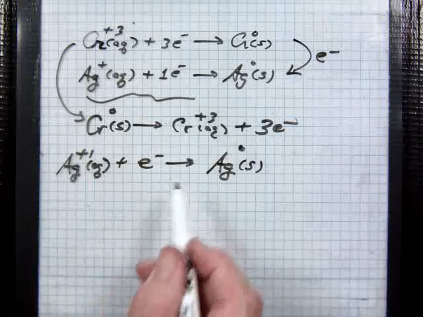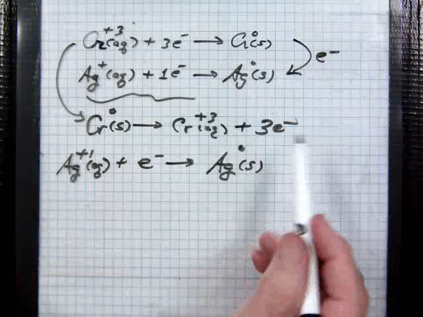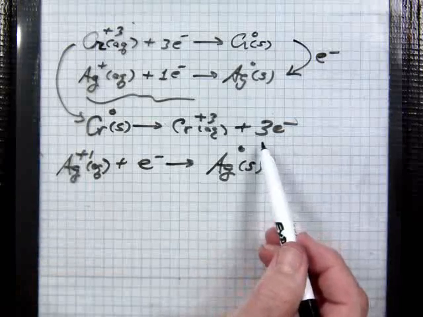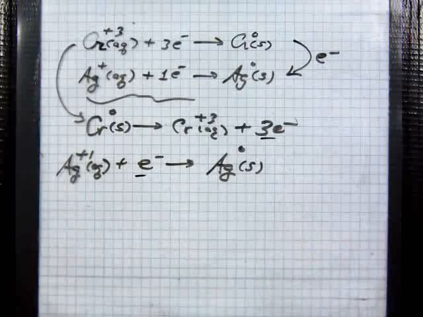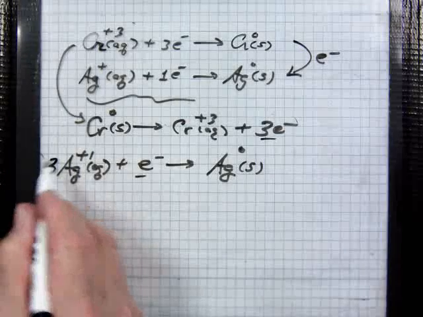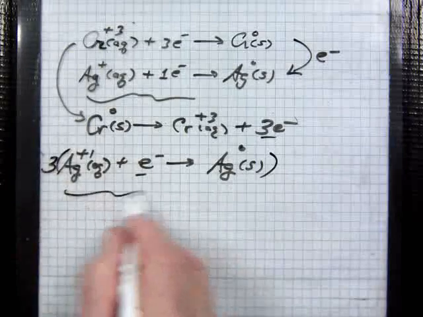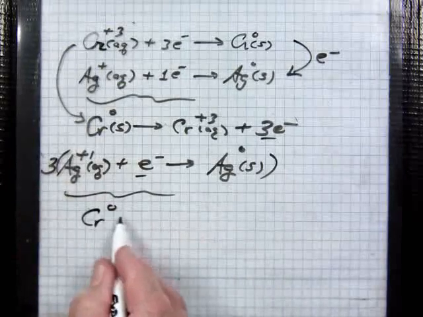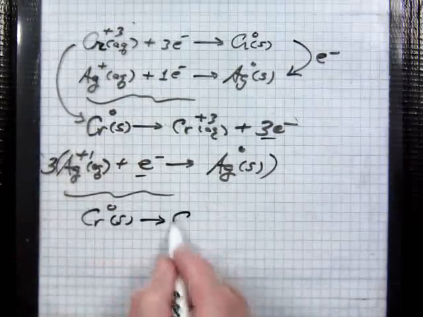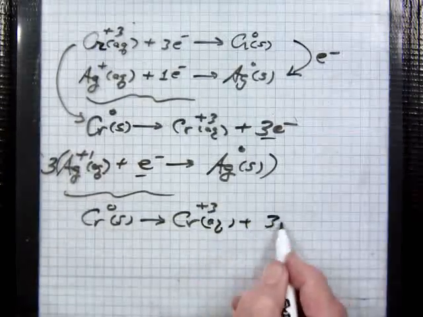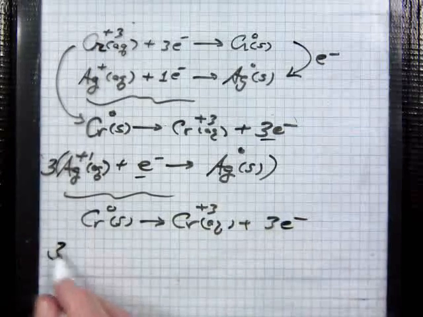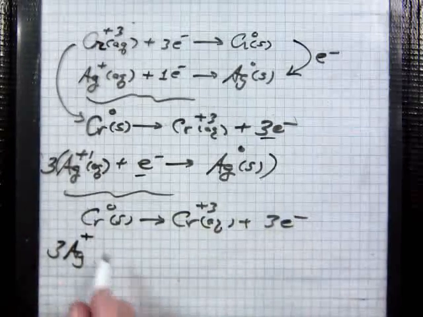I cannot add these two together in this form because the chrome half reaction has 3 electrons showing, and the silver has 1 electron. So you have the right to do anything to an equation as long as you do it to both sides. So you have the right to put a 3 in here and then rewrite it and have chrome going to chrome 3 plus, plus 3 electrons, and then you have 3 silver ions, aqueous.